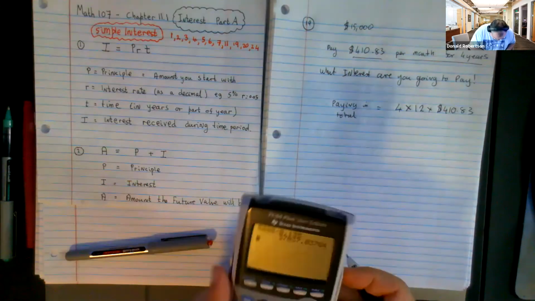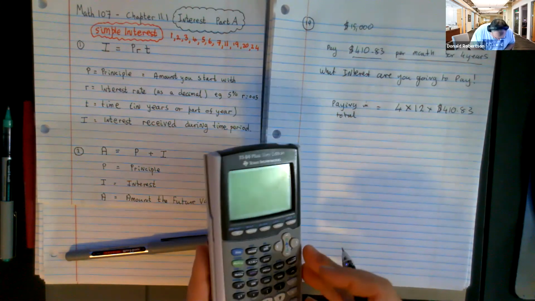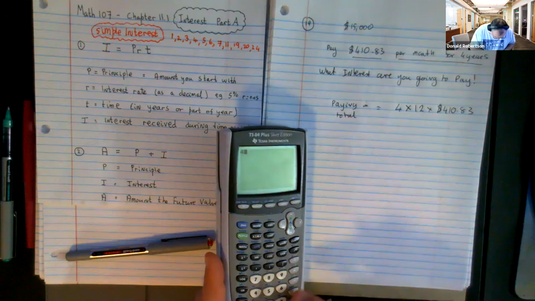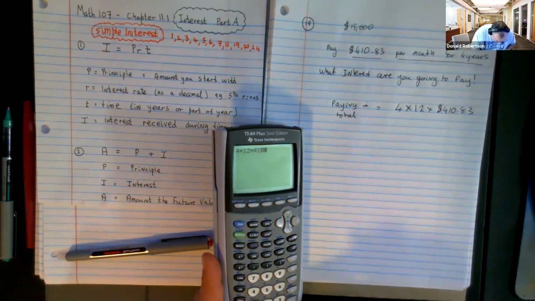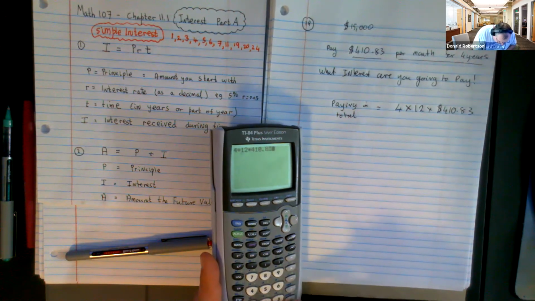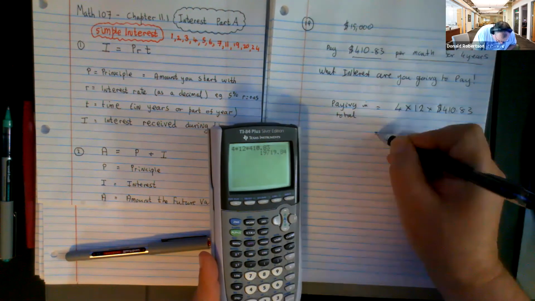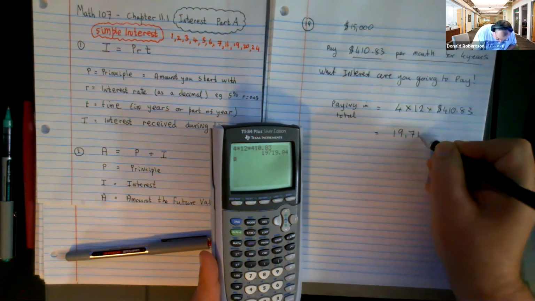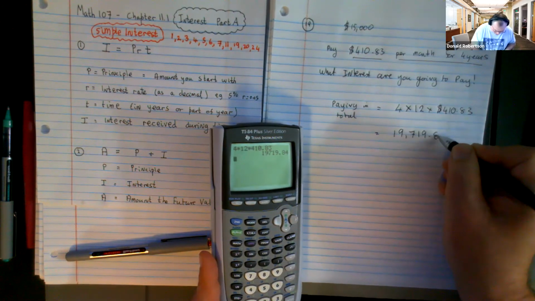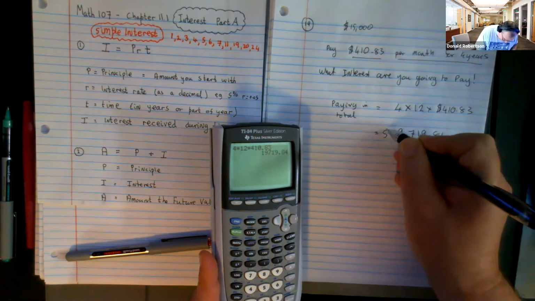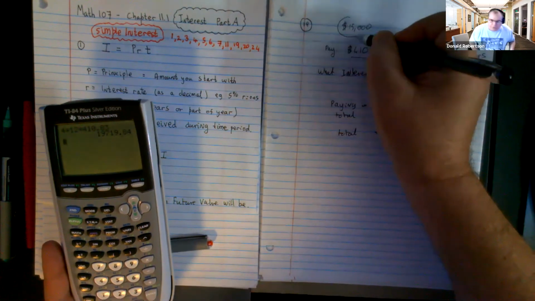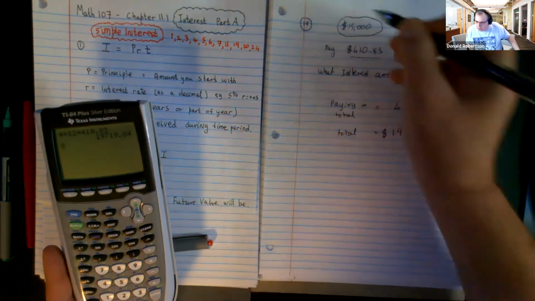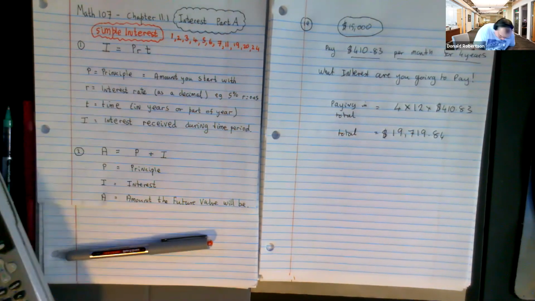So by the time I've paid off this car, it's going to be 4 times 12 times 410 and 83. And that ends up being $19,719.84. That's how much the car would have cost me if I just went in with money and bought it and drove right up.